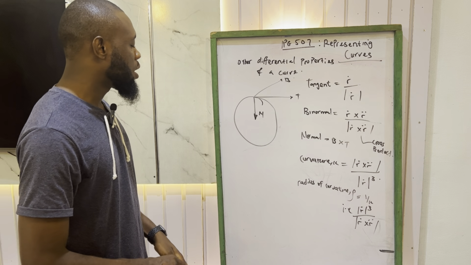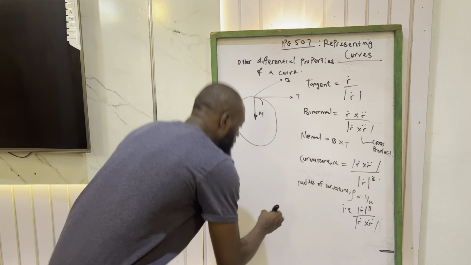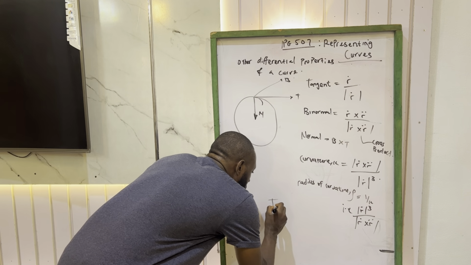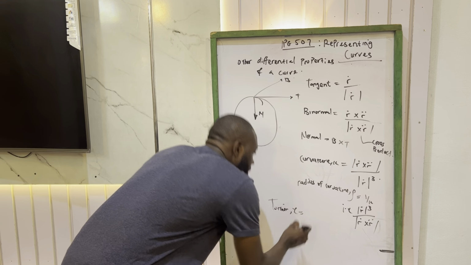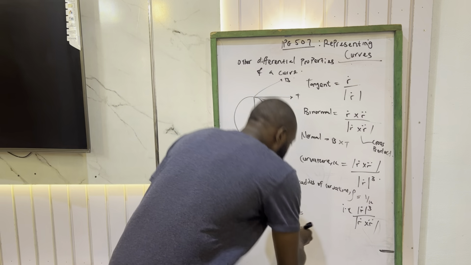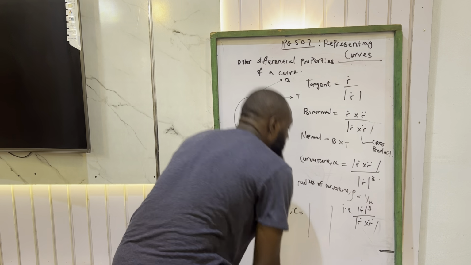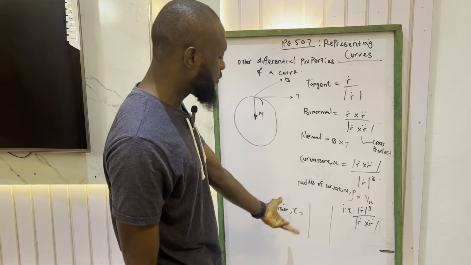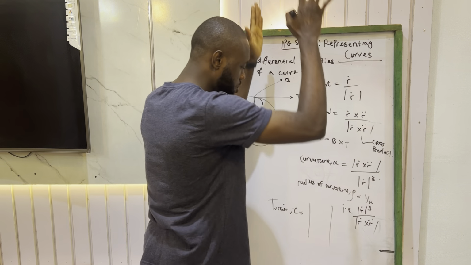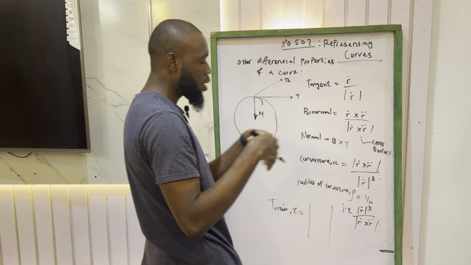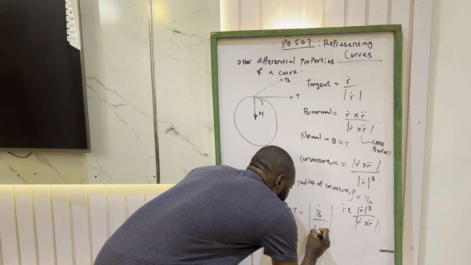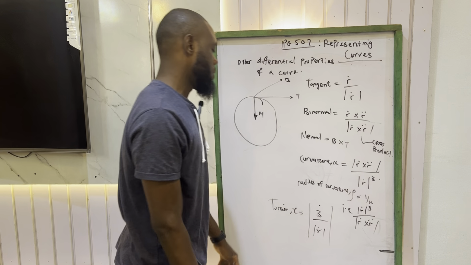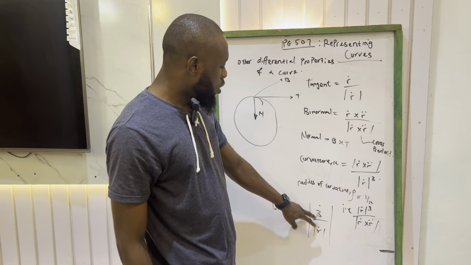Then the last property we have is torsion. So the symbol is tau. That's the symbol of torsion, and it's a very simple formula. It's also a fraction, but the magnitude is across the two fractions. So you evaluate the fraction. Okay. So you get your binormal.